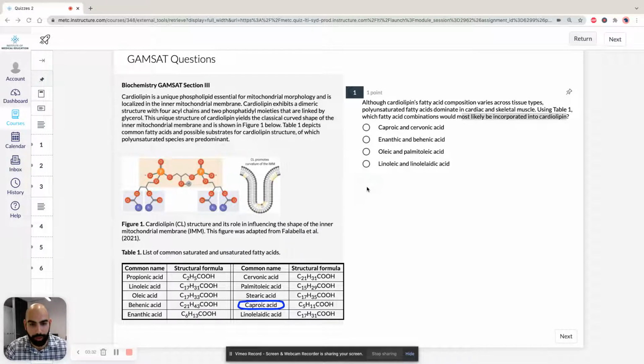So let's draw that. We've got 1, 2, 3, 4, 5, 6 carbons. So we don't know yet if it's going to be saturated or unsaturated, but let's just put the bond there first. So we've got our carboxylic acid group over here. And now we're told that we've got 12 hydrogens. So we've already put 1 here, so we've got 11 to go.